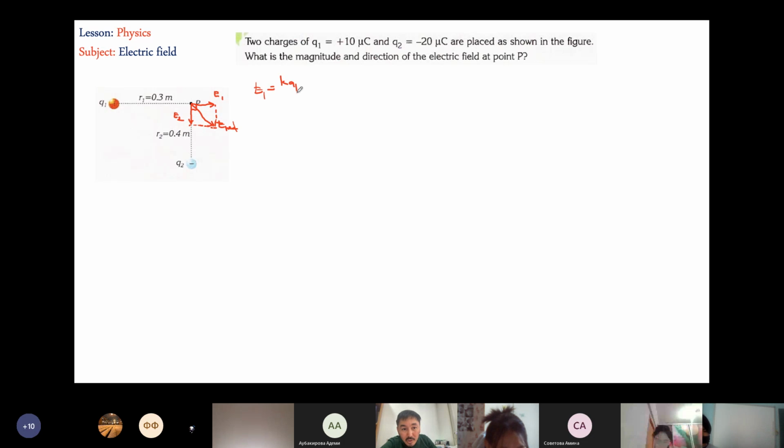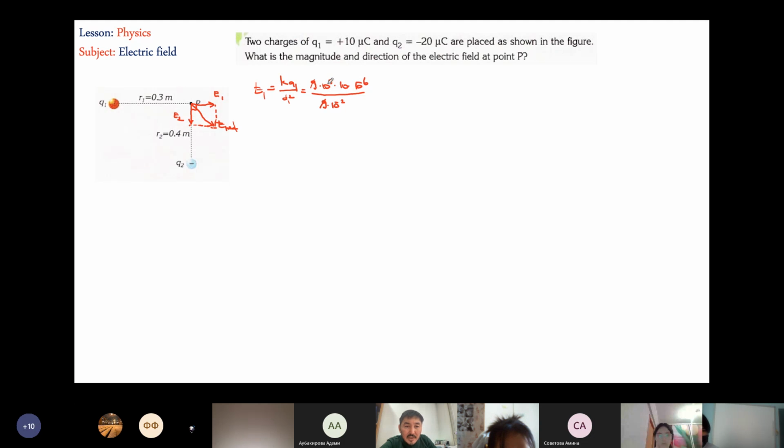That is K times Q1 over D1 squared. K is 9 times 10 to the power of 9, times Q1, that is 10 times 10 to the power of minus 6, and over D squared, that's 0.3 squared, 9 times 10 to the power of minus 2. I'll simplify the 9 here. That comes up with the positive sign.